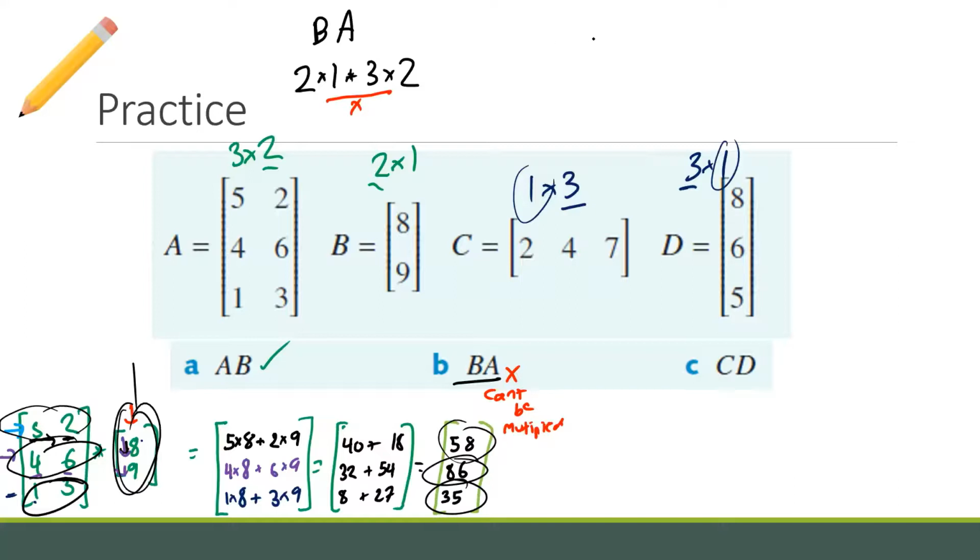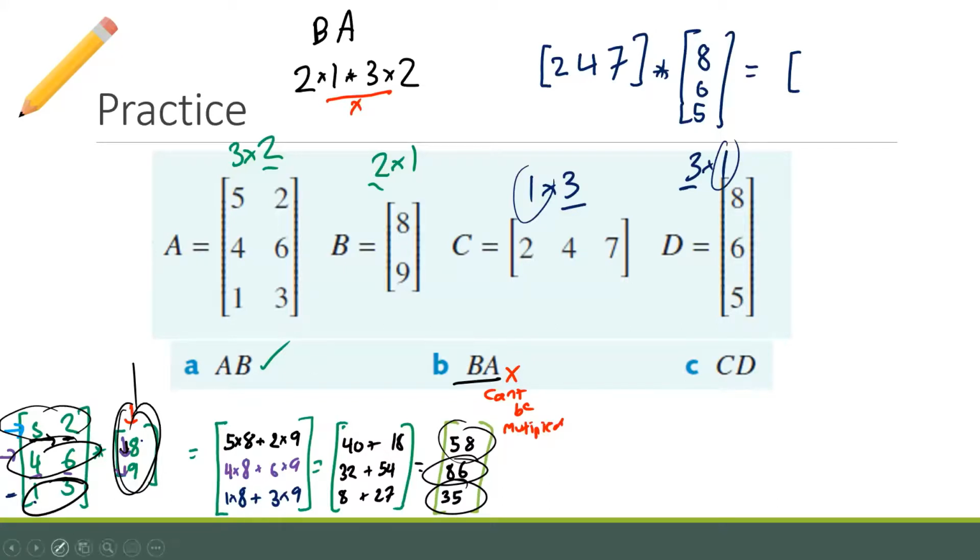We've got the matrix 2, 4, 7 multiplied by the matrix 8, 6, 5, and the resulting matrix is a 1 by 1 matrix. How would you do this one?